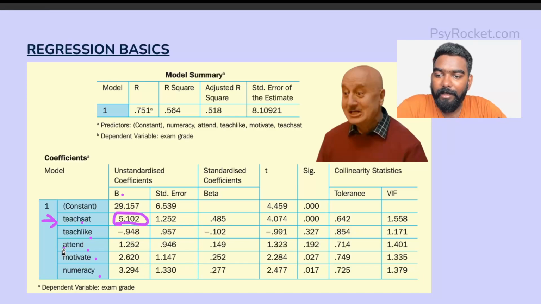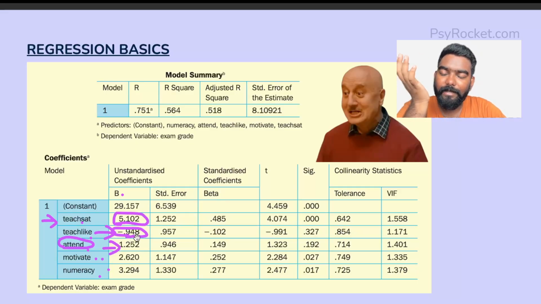And look at this. For each unit increase in attendance, there will be 1.252 units increase in exam grade. Similarly motivation, similarly numeracy. But if we see teacher likingness, there is actually a decrease in exam grades for each unit increase in teacher likingness.